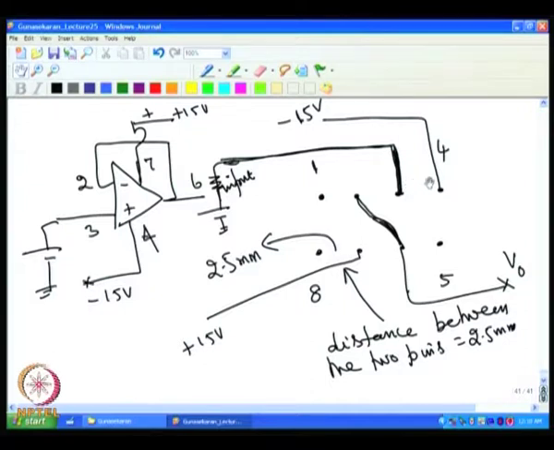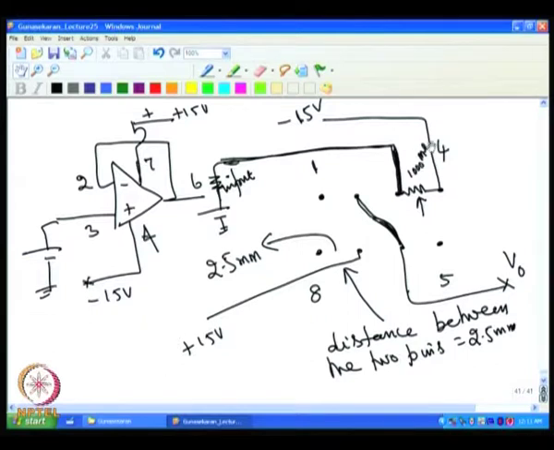For example, assume the resistance present between this and this is 1000 megohm. Now this minus 15 volt goes through this 1000 megohm, then goes to the ground and completes the path.